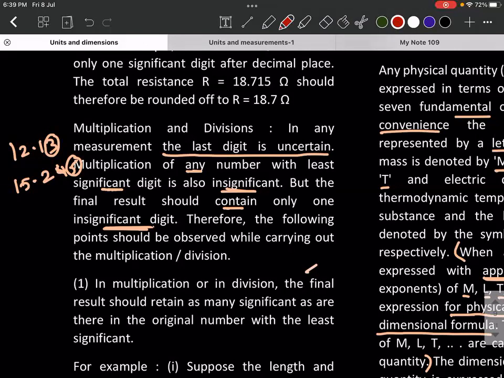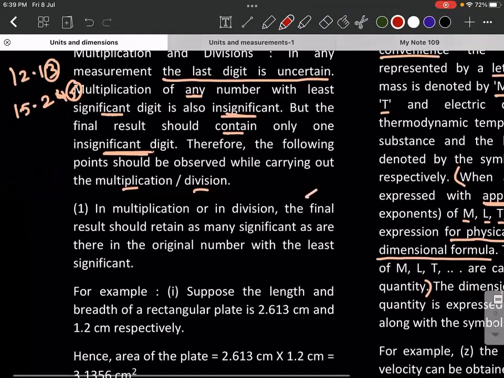That is, one insignificant digit is allowed. Therefore, when you're doing this multiplication or division process, these are the steps to be kept in mind. First, in multiplication or division, the final result should retain as many significant figures as are there in the original number with the least significant figures.